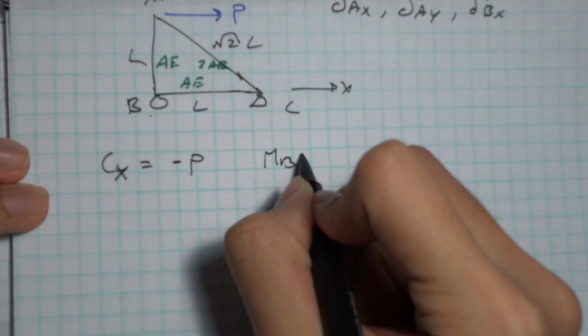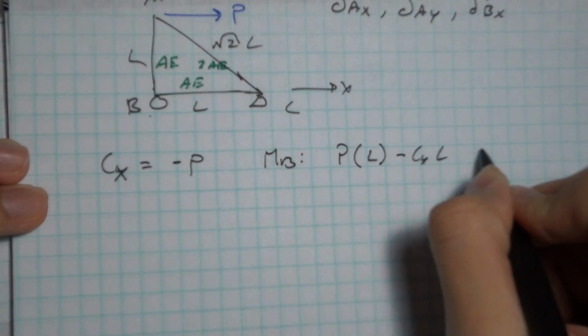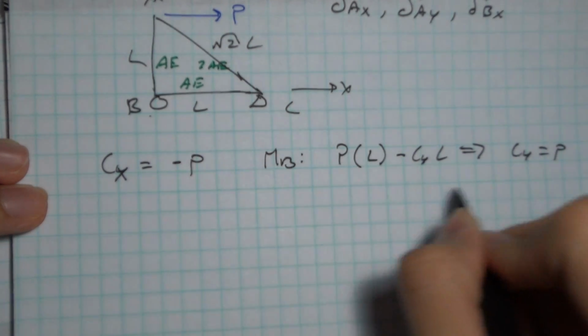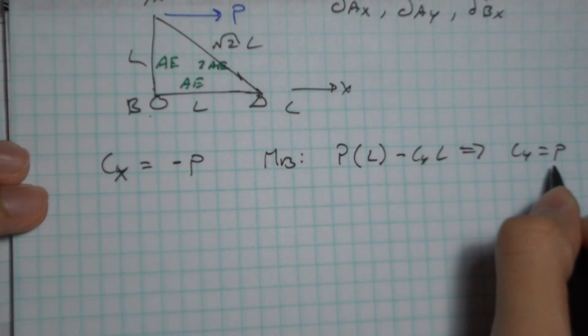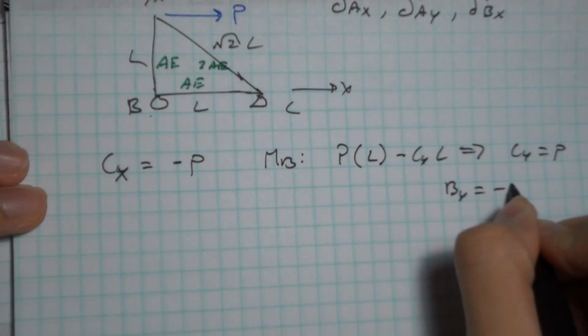My moment about B gives my CY force as P, and my BY force is going to be negative P.